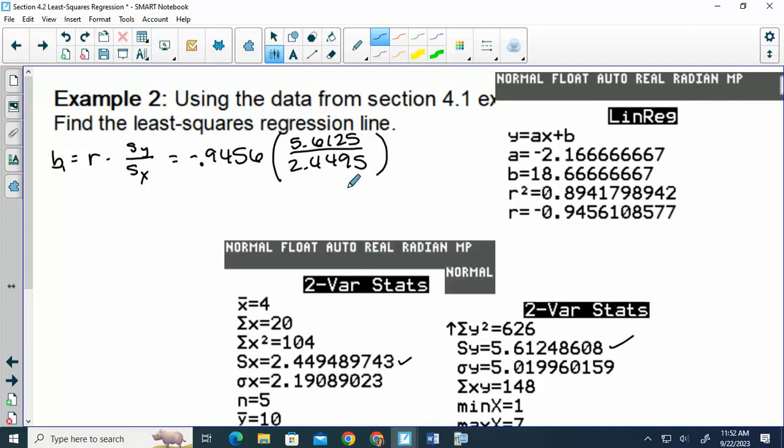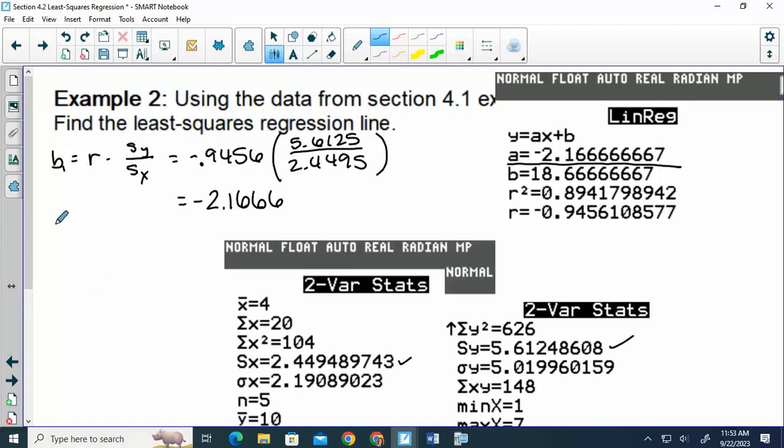So if we do that calculation, we get negative 2.1666. Isn't that very close to this? Why is it not exactly the same? Rounding. I rounded all those numbers to 4 decimal places.